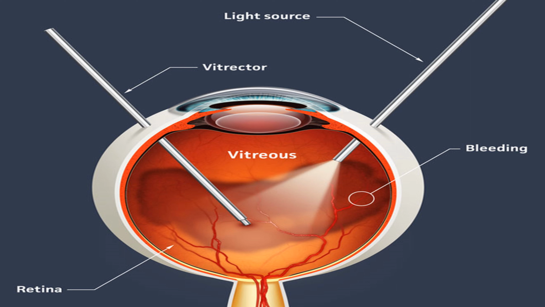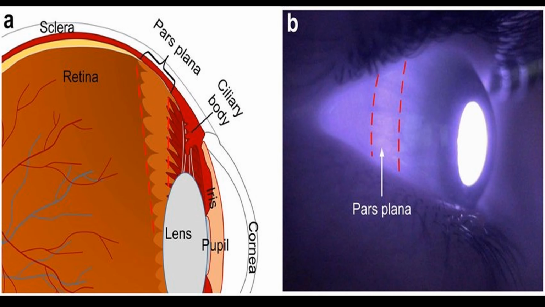The surgeon dissects the pre-retinal membrane under direct visualization, and the retina will be stabilized by an intraoperative vitreous substitute.